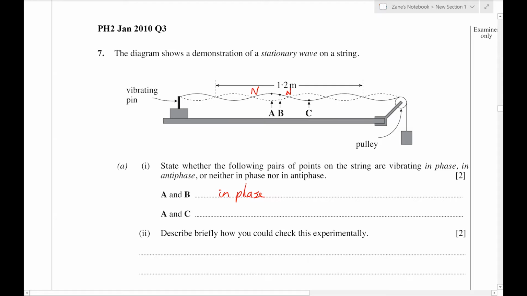We also need to remember that the phase changes at every node, so the particles in between the next two nodes, for example C, are actually in antiphase with all of the particles that are oscillating between the first two nodes on the diagram there. So here we have in antiphase.